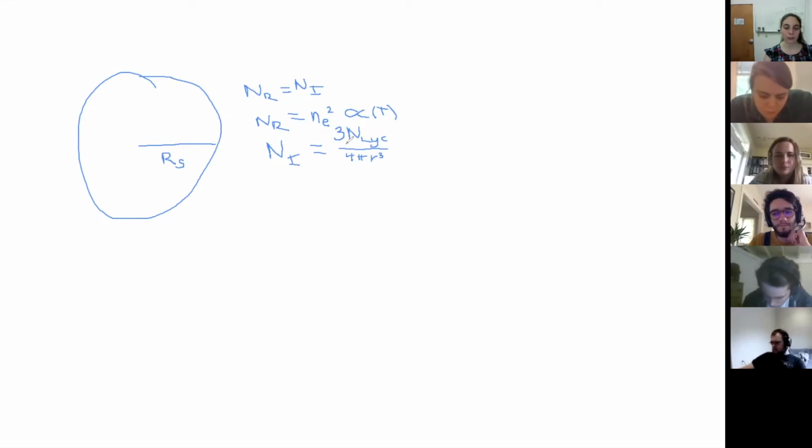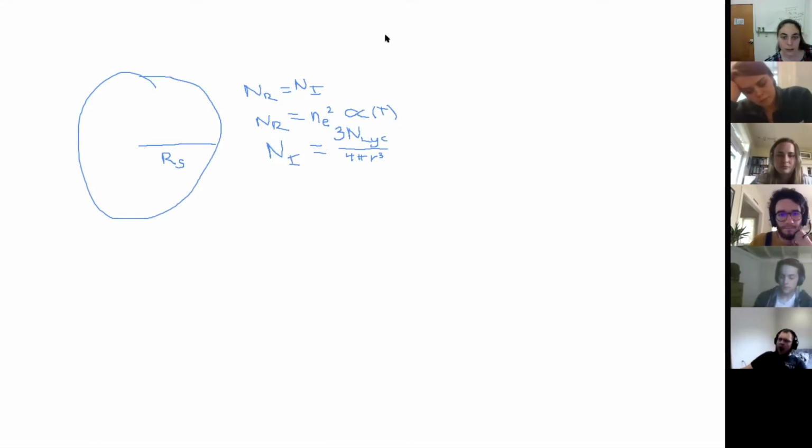So I just moved my 4/3, I turned it into 3/4. So we want these two things to be equal, and we want to solve for r, because setting these two things equal will turn this little r that looks like a v, but is an r, into our Strömgren radius.